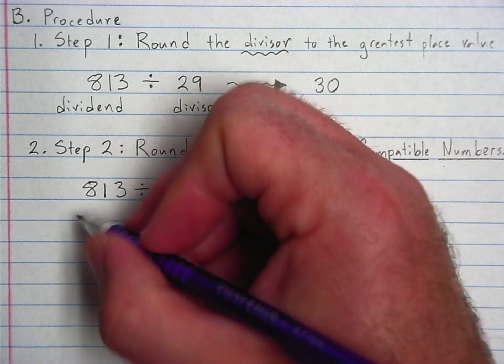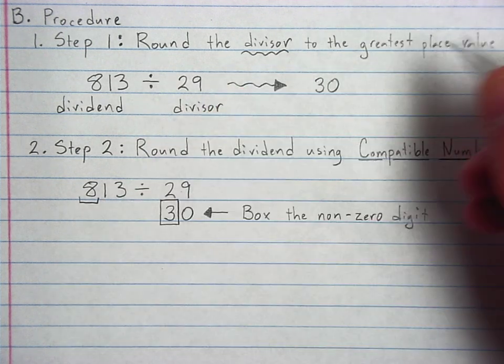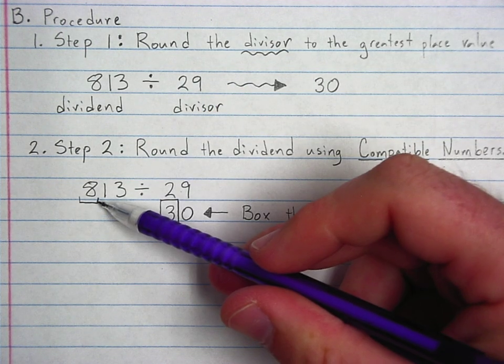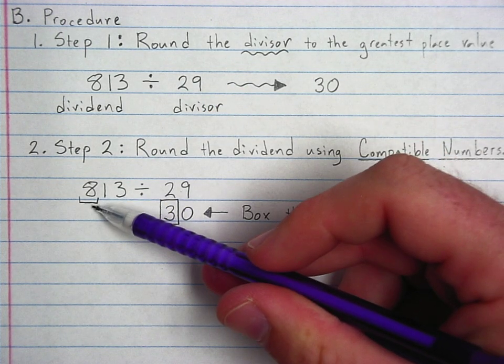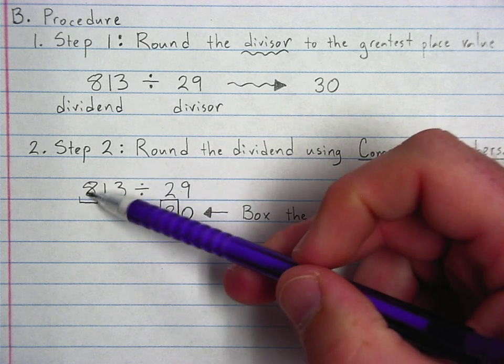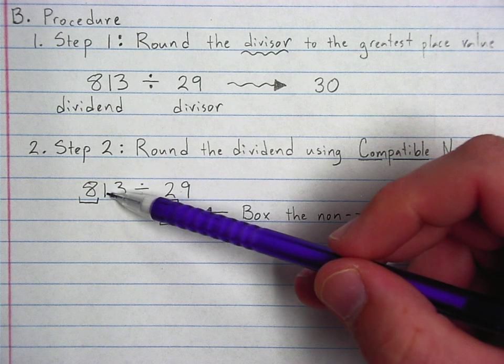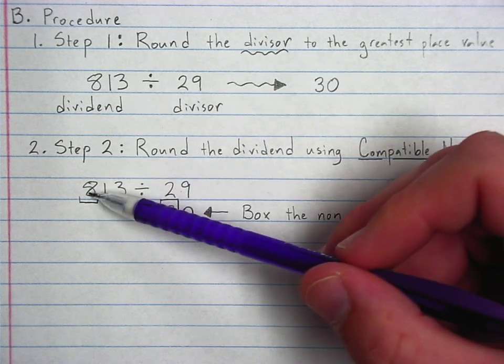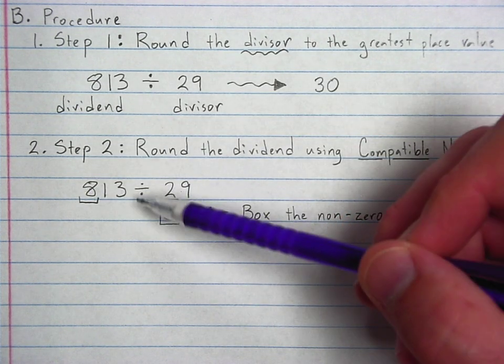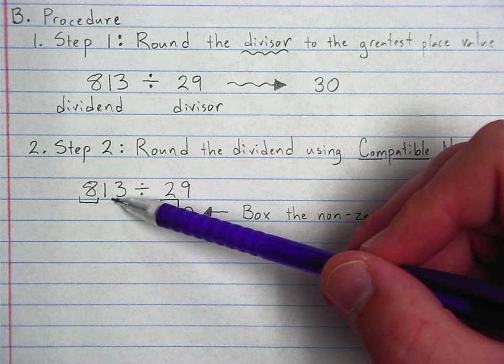Now, I am going to look at the first number. Sometimes I look at the second number also. But 8 is bigger than 3, so I don't need to pull in something else. If this had been 213, I might have stretched over to the 1.